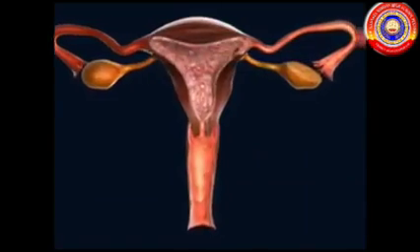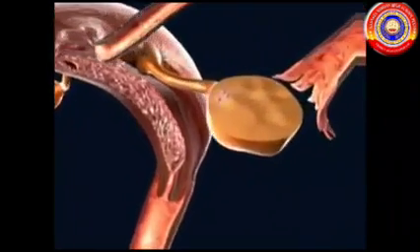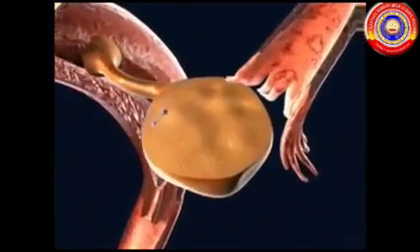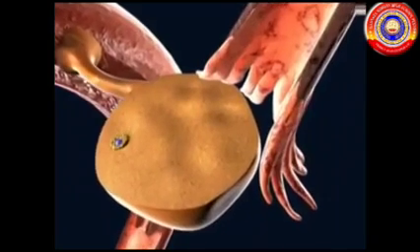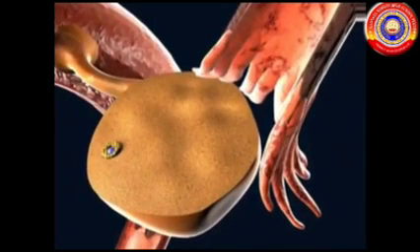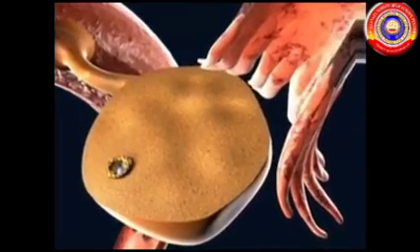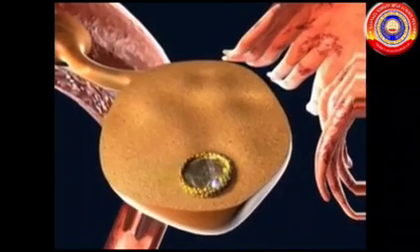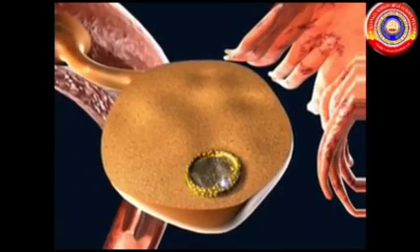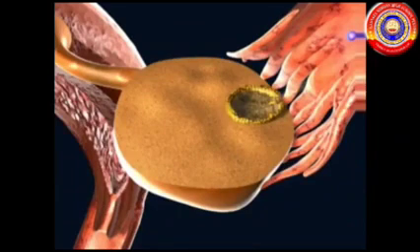So we studied about the female reproductive system. It has 5 parts: ovary, fallopian tube, uterus, endometrium, and vagina. The ovary produces ovum and female hormones. Second, the fallopian tube or oviduct carries ovum to the uterus. The fertilization takes place in the fallopian tube.